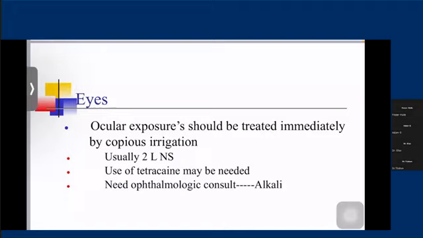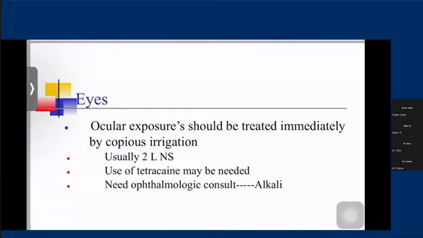Since the patient usually complains of pain, applying topical local anesthetics like tetracaine is very important to make the patient comfortable and to irrigate thoroughly. Specifically for alkali injury, we have to request an ophthalmologic consultation, because the degree of injury is very high in alkali exposure.